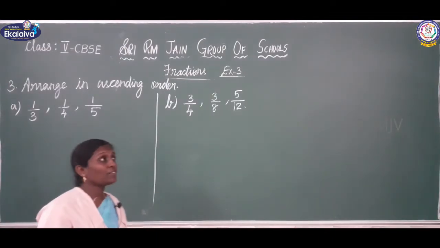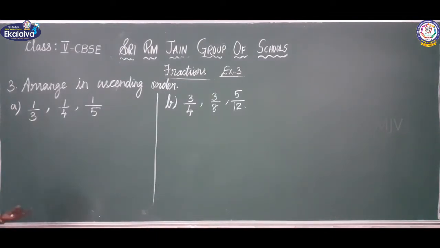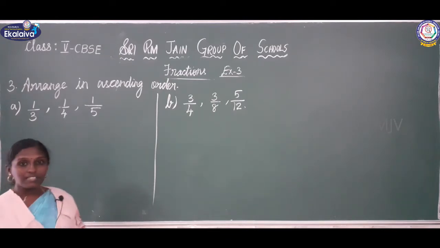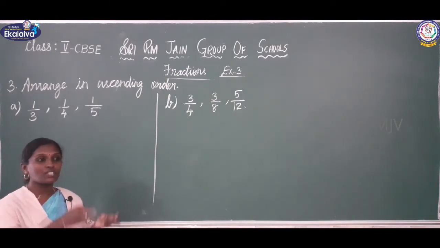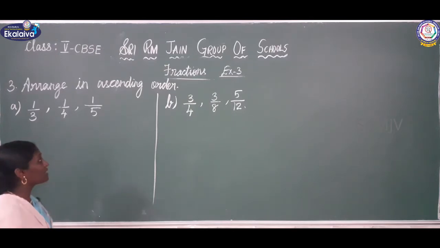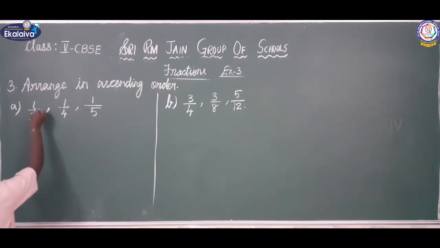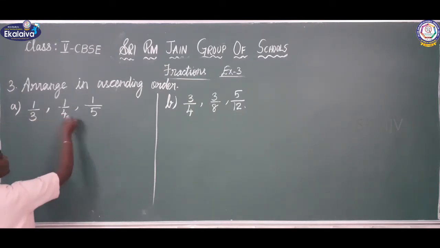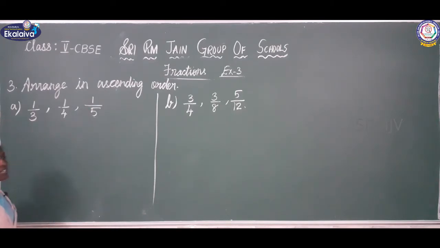In the next question, we are going to arrange the given fractions in ascending order. Ascending order means we have to arrange the fractions from smaller to greater. See the first set of fractions, 1 by 3, 1 by 4, 1 by 5. These are unlike fractions with the same numerator.